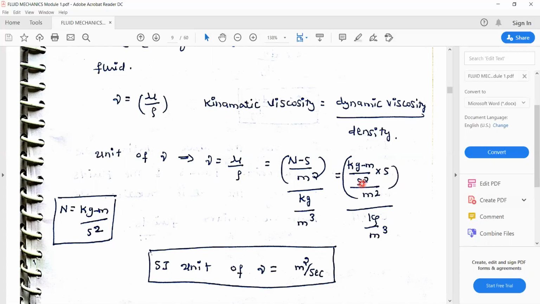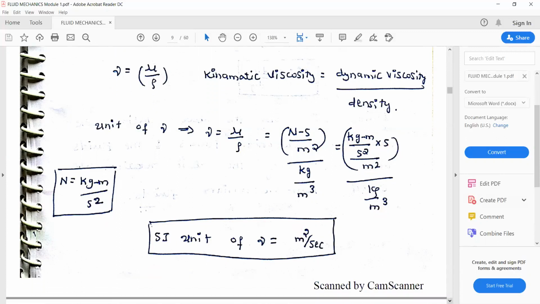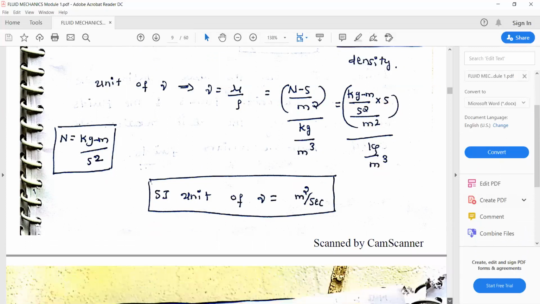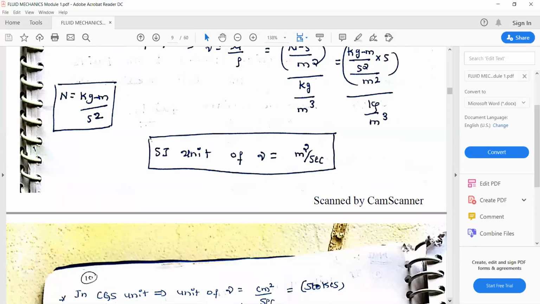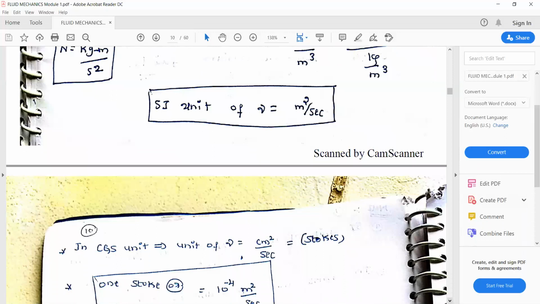The unit of mass is kg, and acceleration is meter per second square. Then second, divided by meter square, then divided by kg per meter cube. If you simplify this, you get the unit of nu, that is meter square per second. Meter square per second is the unit of kinematic viscosity in SI unit.